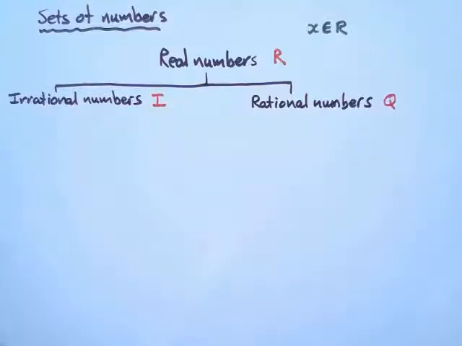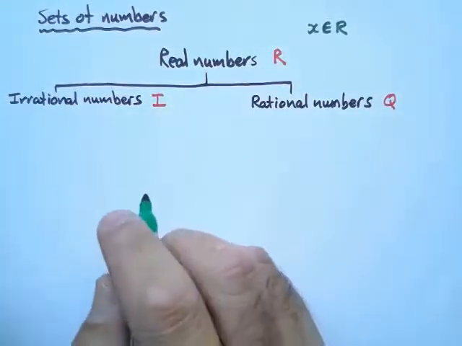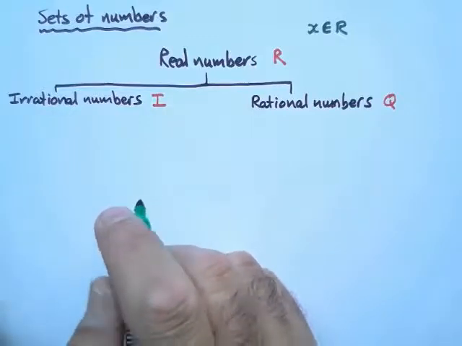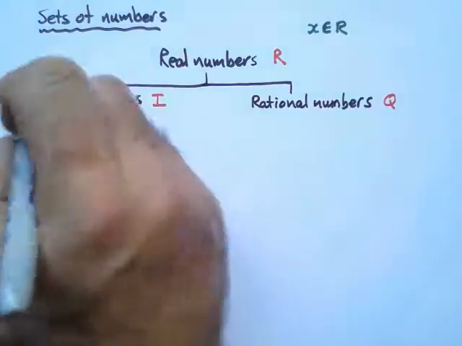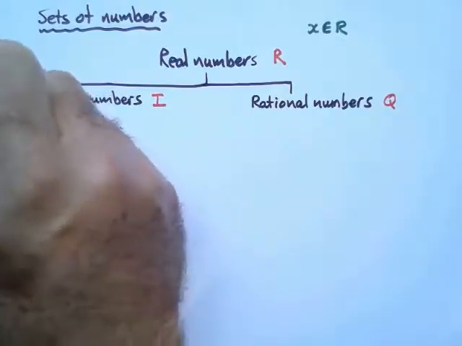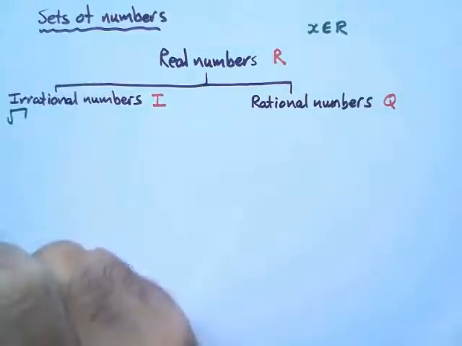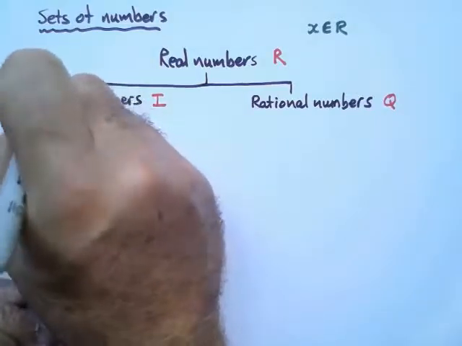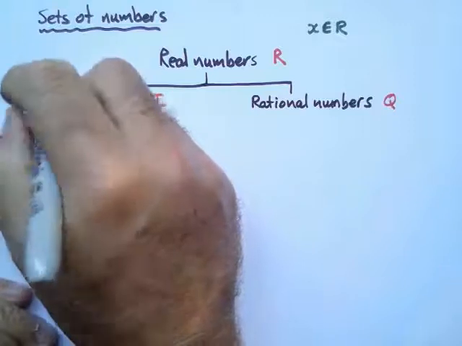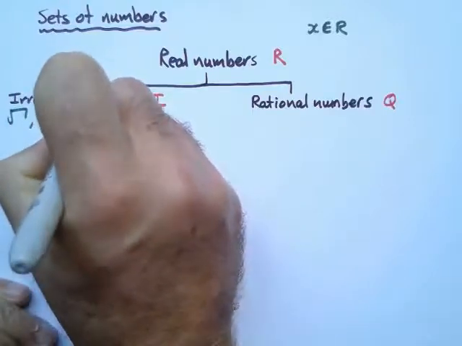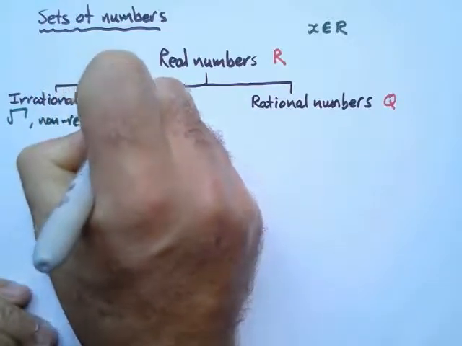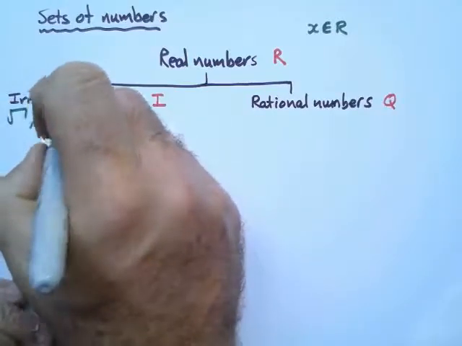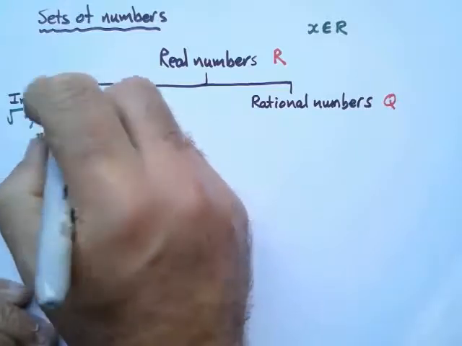Now the irrational numbers will be numbers that do not recur. So it's non-terminating, non-recurring decimals. It is surds. Surds are things that never end. It will be non-terminating and non-recurring decimals. Don't worry too much about these.